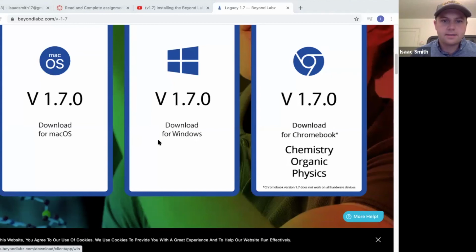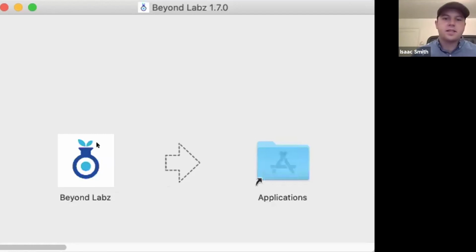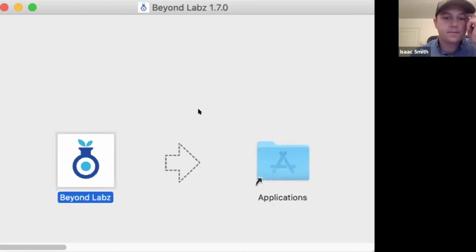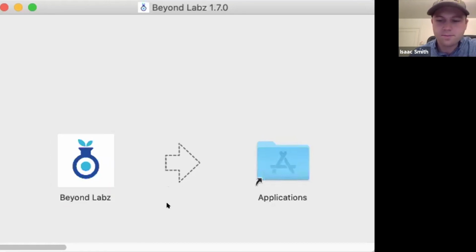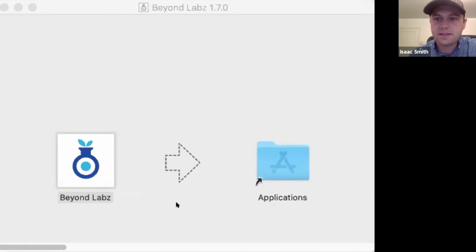If you're on a Mac, it's going to be different than a PC, but on a Mac, you should just drag the virtual locations folder, and then you can open it. On a PC, I'm sure there's a different process for this. But I'll open it up and see what happens.